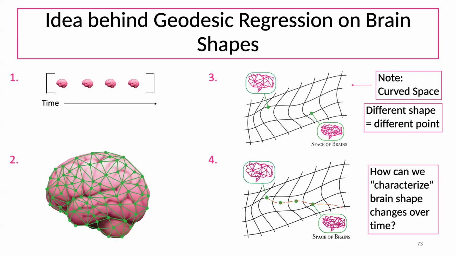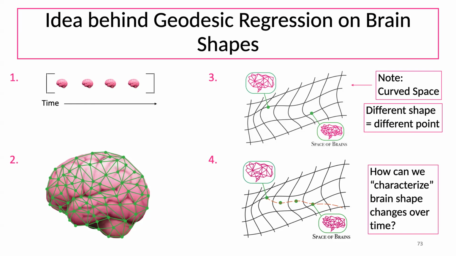And the question becomes, now that we have the manifold, the meshes, now all of these brains in the series of brains, instead of being a series of MRI images that we have to compare, they're now each points on the manifold.